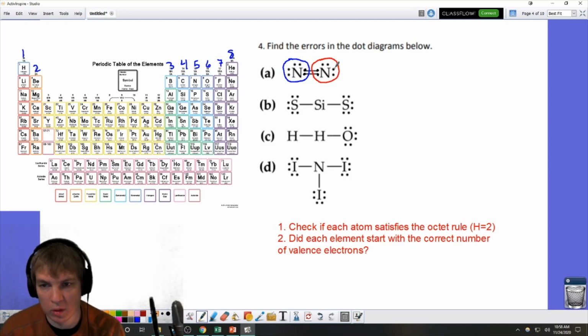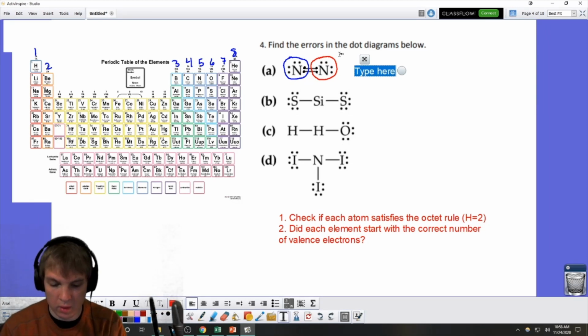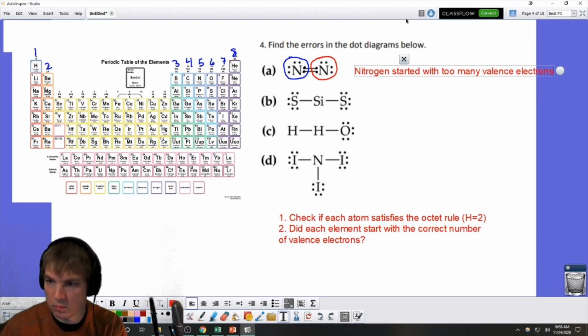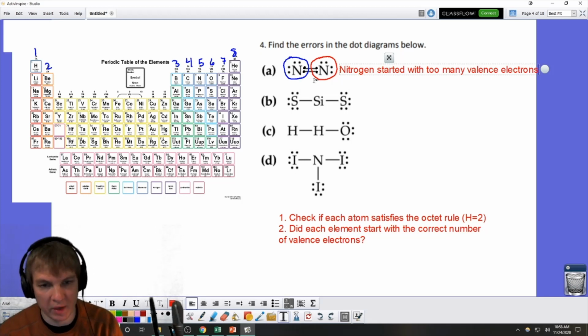And so did this one, 1, 2, 3, 4, 5, 6. So what we can say here is that, I'm actually going to type in the answer. Nitrogen started with too many valence electrons. So that's the problem with this one. It started with 6 instead of the 5 that it was supposed to have.